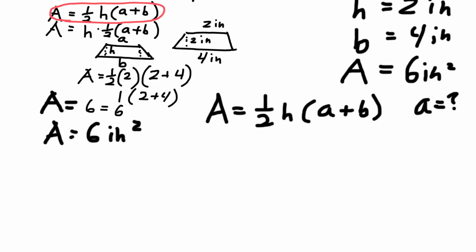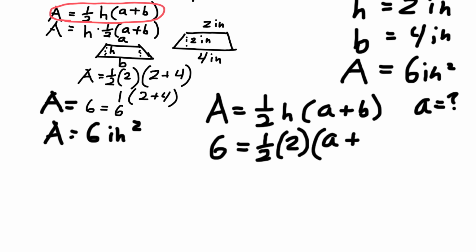Of course, we'll just plug everything in. We'll put in a 6 for the area. Got our 1/2 times H, and our H is 2. And then we don't know what A is, but A plus B, we know what B is. We'll stick in a 4 there. Okay, so we can solve this. We've been solving equations. So first we simplify both sides. This side is already done.